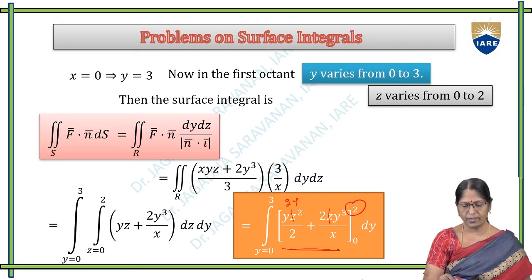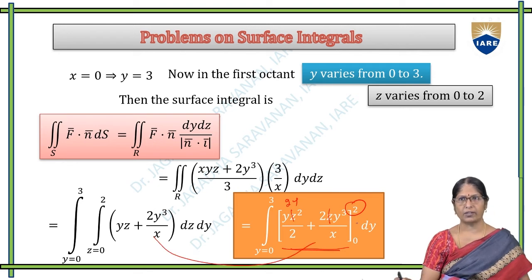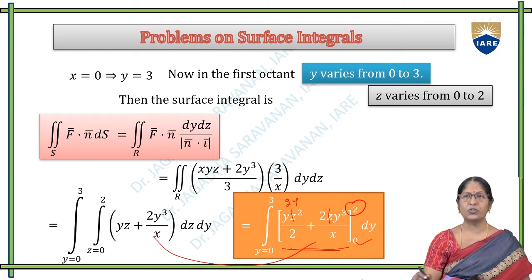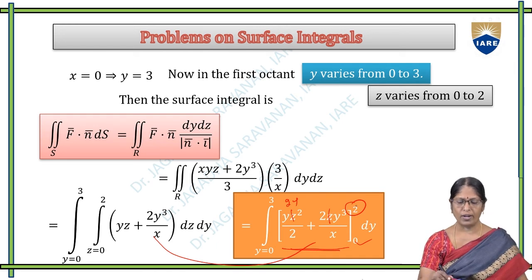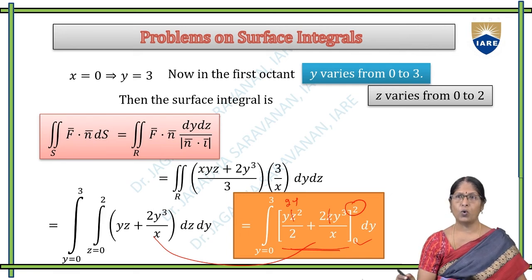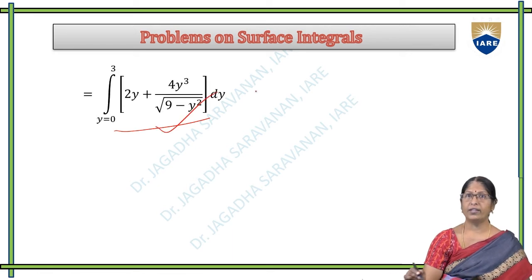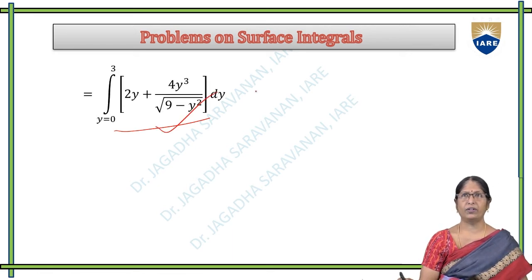So we completed the interior integration. The integration part is over, and even the substitution is also over. Only the upper limit is considered, because the lower limit is 0, and each term has z, so it completely vanishes. So regarding the interior integration, the work is over.